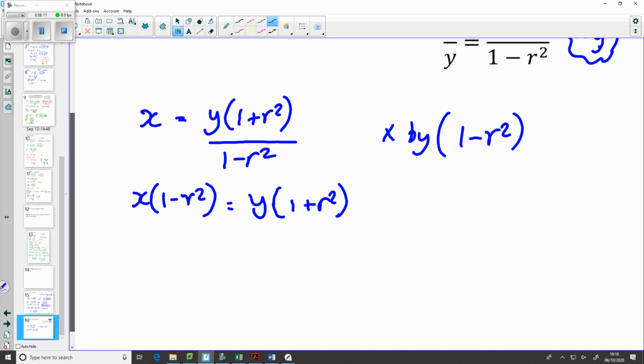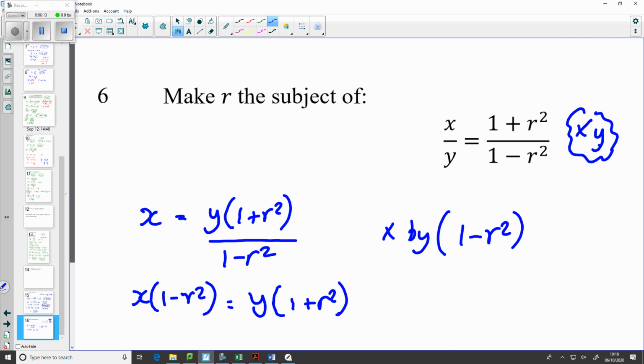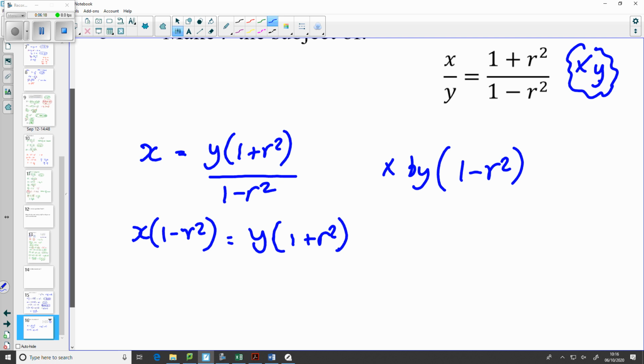We're trying to get these two r squareds together because that's what we want our subject to be, is r. We can't draw them together until we get them outside, get rid of the brackets. So we need to multiply out the brackets.